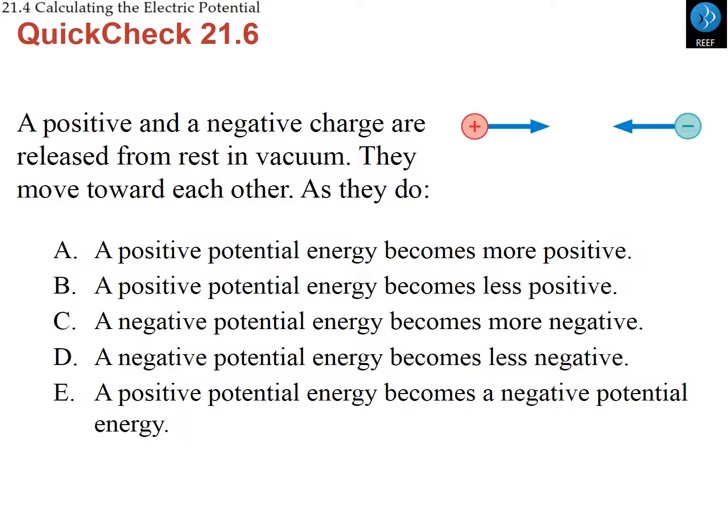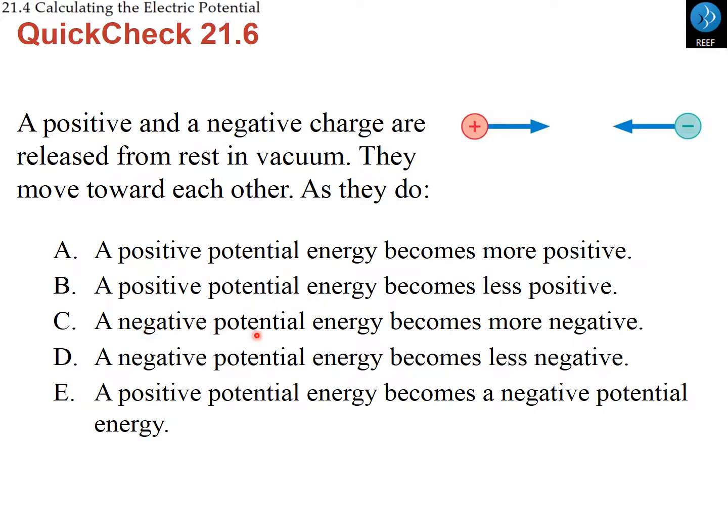Quick check 21.6. We have these two charges, a positive charge and a negative charge. They are released from rest. And of course, they're going to be attracted to each other. They're going to get closer. As they do, does a positive potential energy become more positive? A positive energy becomes less positive.